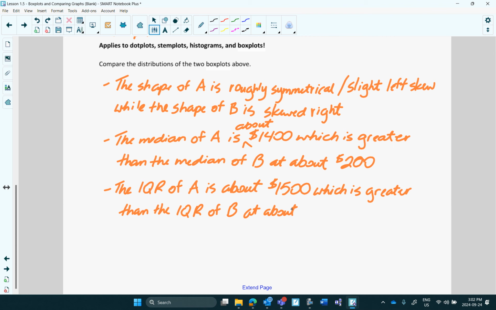So you can definitely use comparative language when you compare the center and the variability.